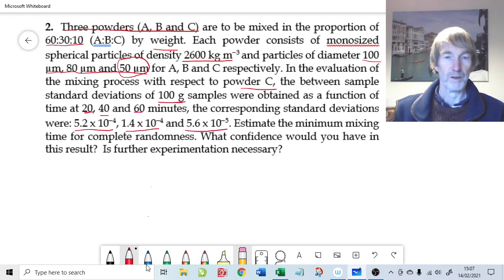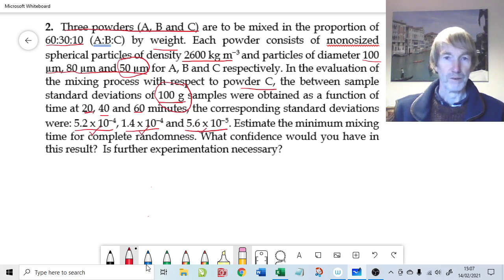So a certain number of samples has been taken. We're not told how many samples that is. They're all 100 grams in size, and according to the scale of scrutiny that should be the same mass as the final product for the process, but the standard deviation at the different times is given here. That's 20 minutes, 40 minutes, 60 minutes.